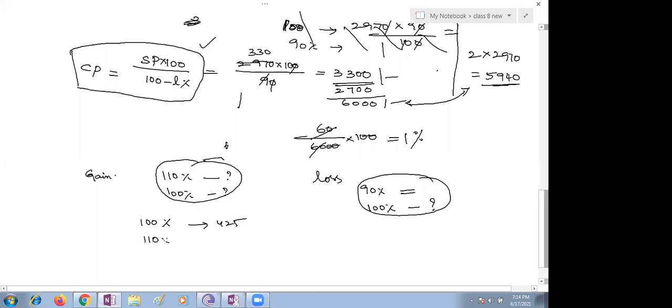So 110% you are supposed to find out. Then you will get a CP here. To find out the CP, you can use this. So here what you will get is 110 into 425 by 100. You have to simplify. The same way, coming to loss, 90% equals whatever the amount it is.